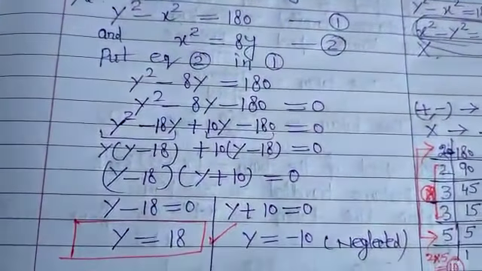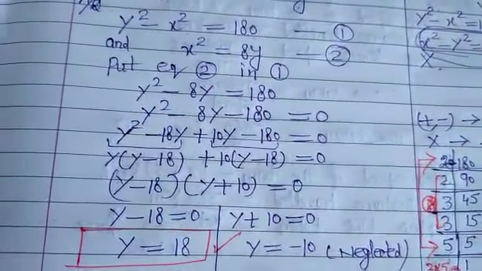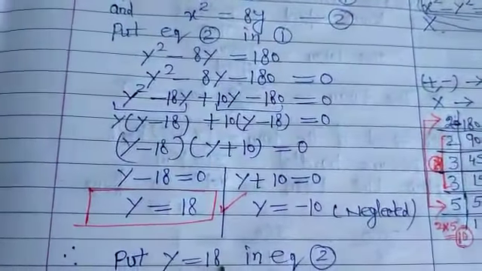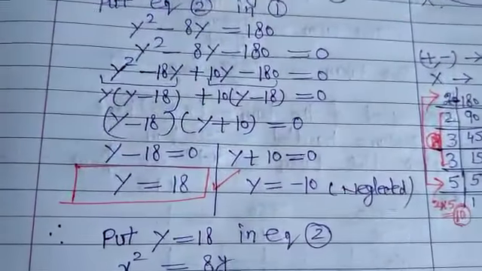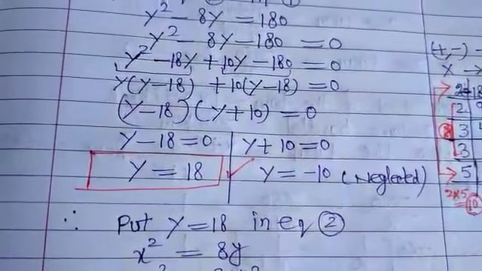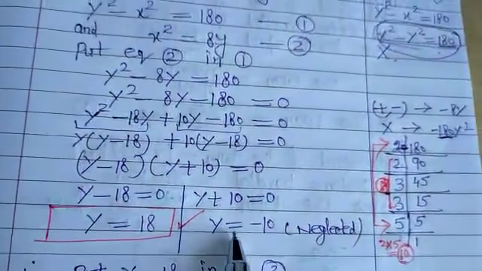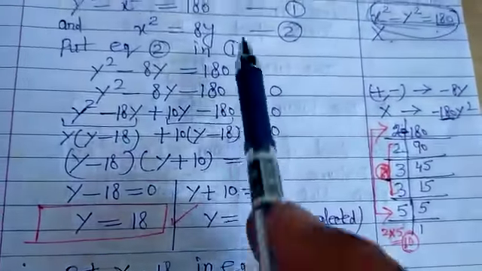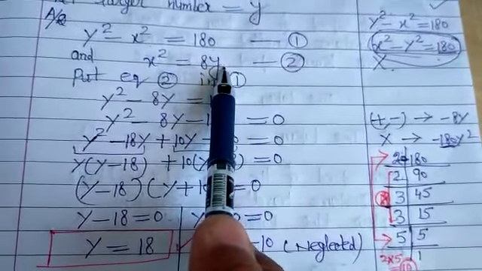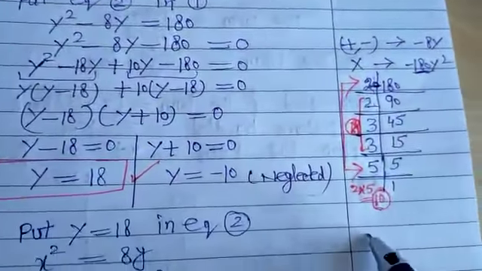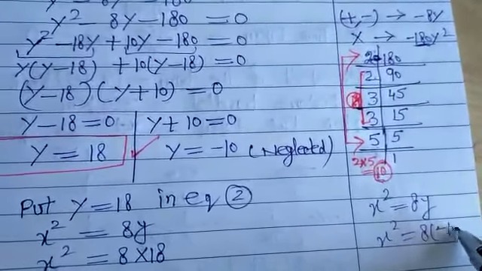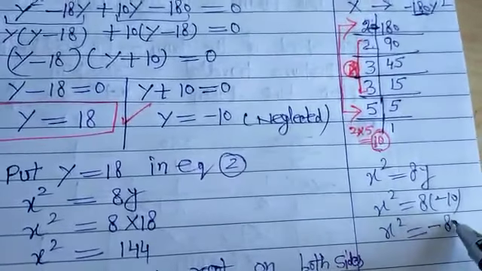We can neglect one value. When we substitute y equal to 18 in equation number 2, x square is equal to 8 into 18, so x square is 144. When we substitute the value minus 10 in equation number 2, x square is equal to 8y, x square is equal to 8 into minus 10, so x square is minus 80.